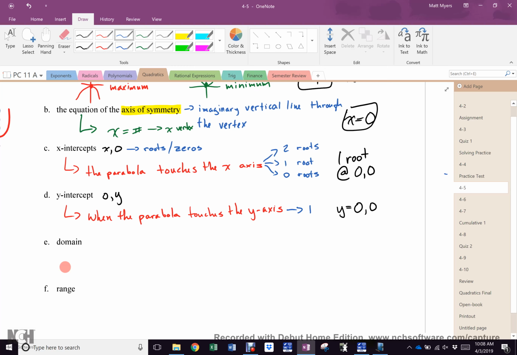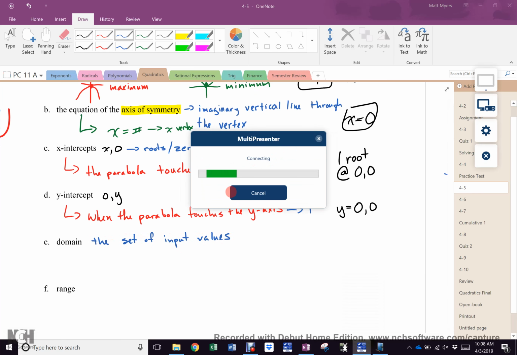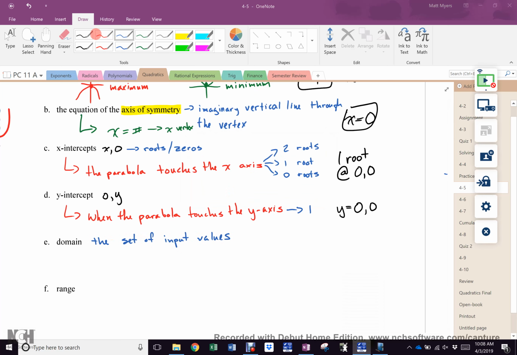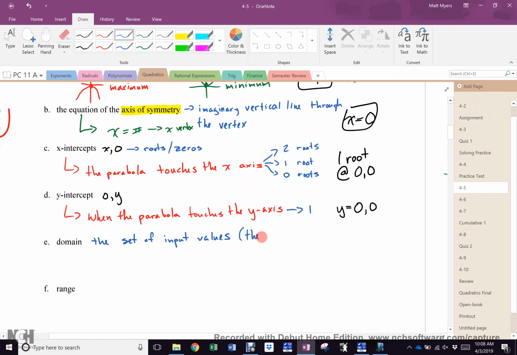Okay, obviously we have to cover this again. The domain is the set of input values. The input values, in reality, are the IV values, the independent variable.